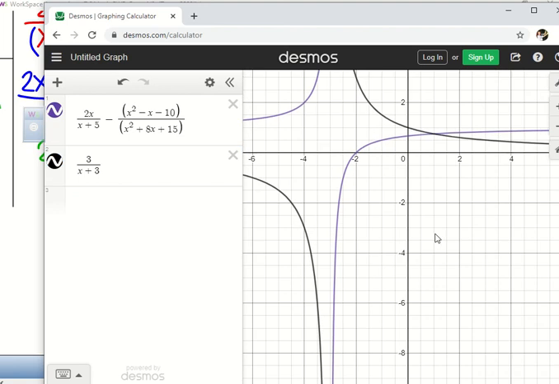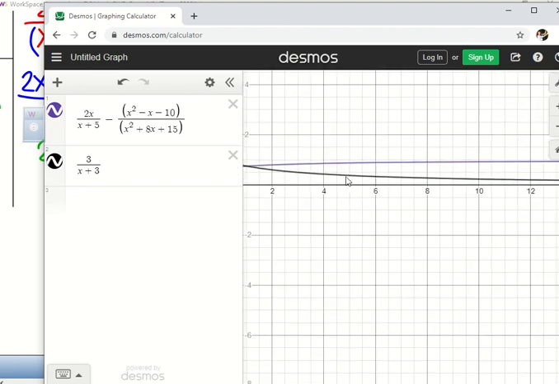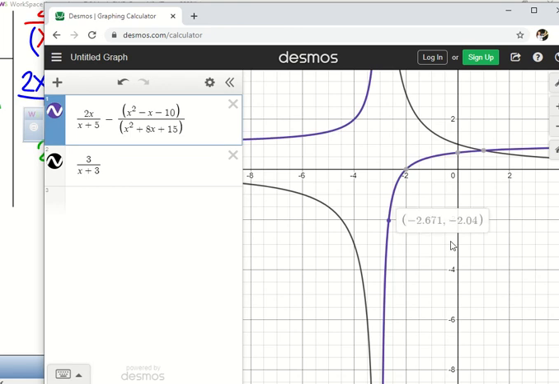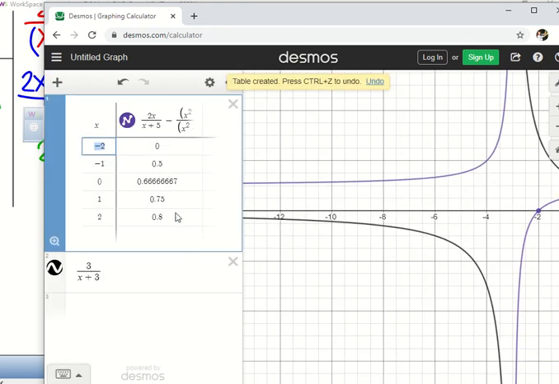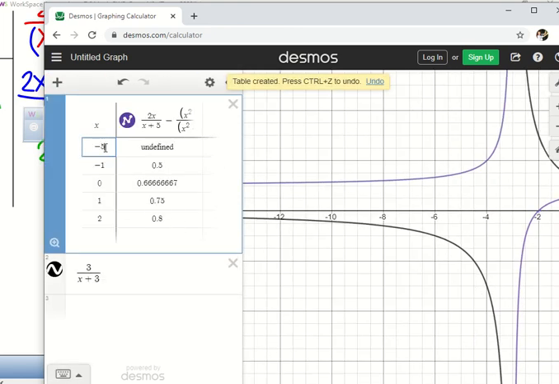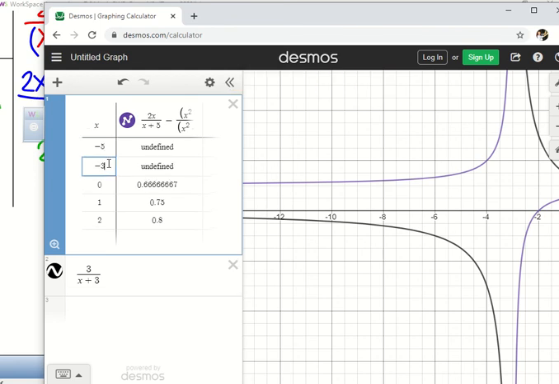And you could also see that they have a restriction at, where did we find the restriction at? Negative 5. Yep, so if you go here, you'll see they have a restriction. If you were to type in negative 5, it would say undefined. If you were to type in negative 3, it would also say undefined on both. So any questions about it? Okay.